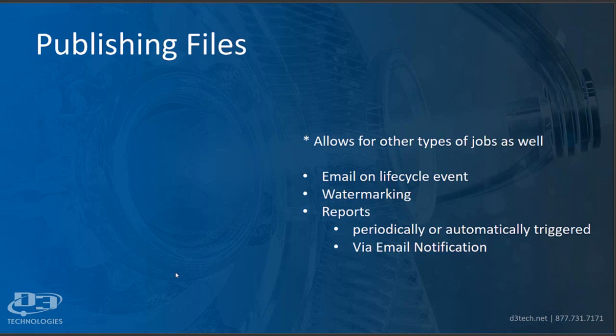We can do that. We can put a watermark on a PDF that we create that says this file is in check state, so that nobody builds from it. We can create reports periodically or automatically triggered via email notification. No problem. We can generate them, store them somewhere in PDF, or just send them via email. That all comes with the PowerDrops that's on here.